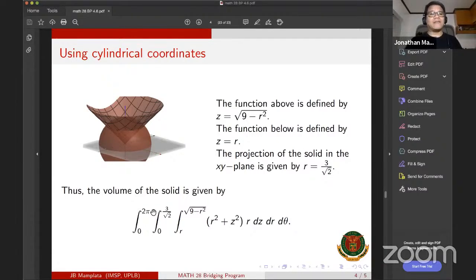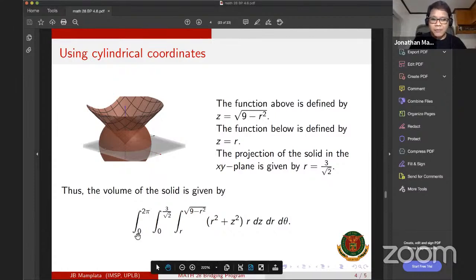Since you are just getting the volume of the solid on the first octant, and since pare-pareho naman siya ng solid dun sa apat na regions considered, so you can multiply it by 4. So instead of 0 to 2 pi, gawin mong 0 to pi over 2, tapos may multiplier ka na 4 dito.